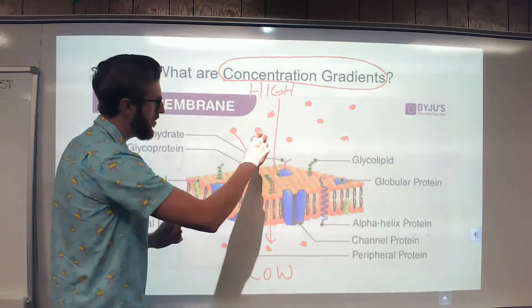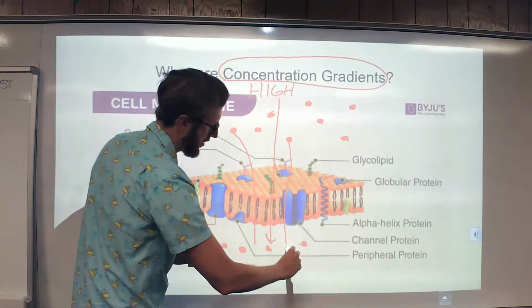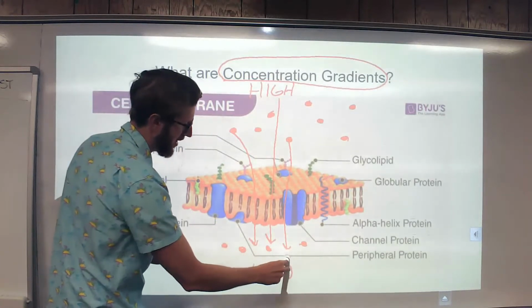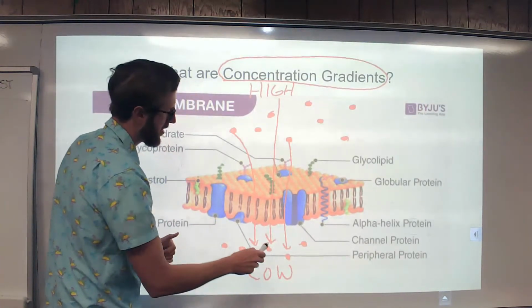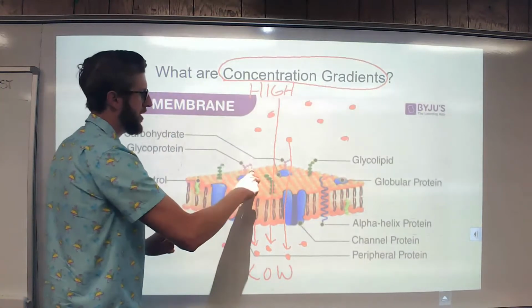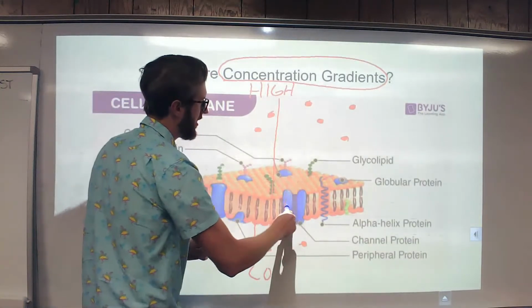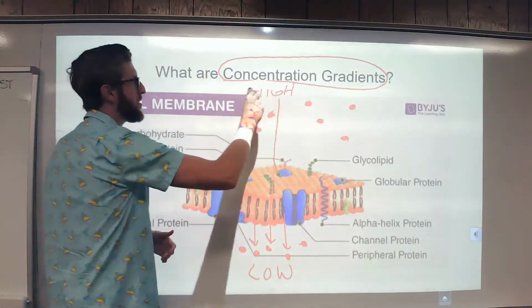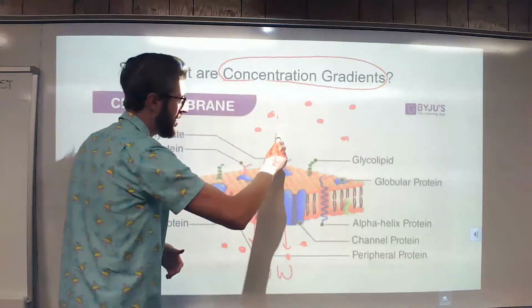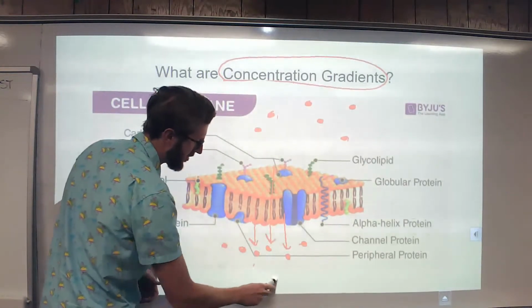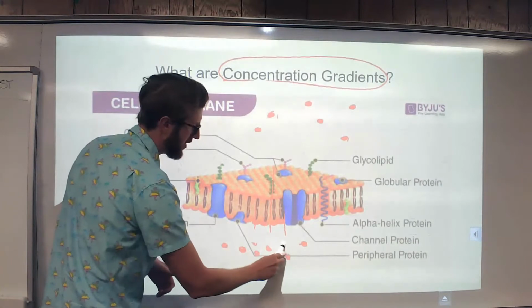So we need 2 of these guys to go from outside to inside so we can have 6 on the inside, 6 on the outside. Now the concentrations are balanced. There is no high concentration, there is no low concentration.